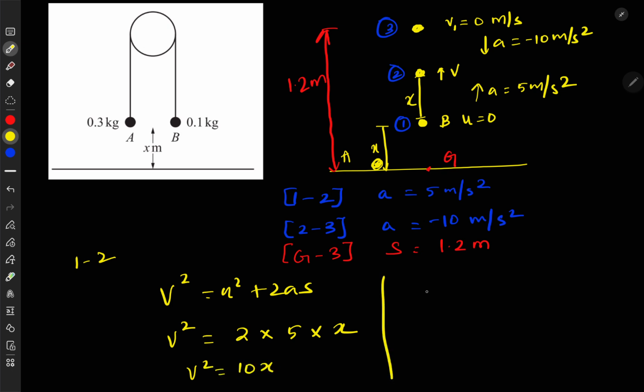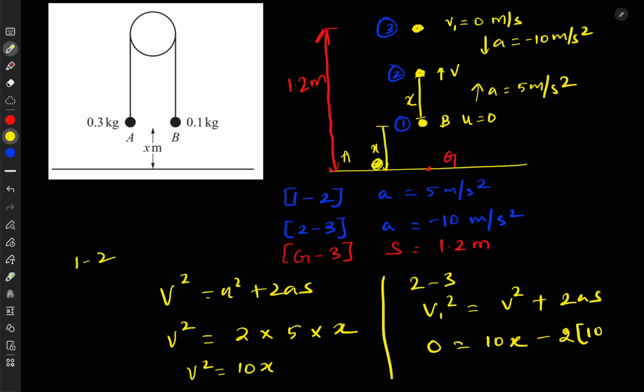Then from 2 to 3, I have v1 squared equal to v squared plus 2as. So v1 is 0, v squared we already got, it is 10x. Okay, 10x plus, minus will come because acceleration is minus, so 2 into 10. And what is the s here?